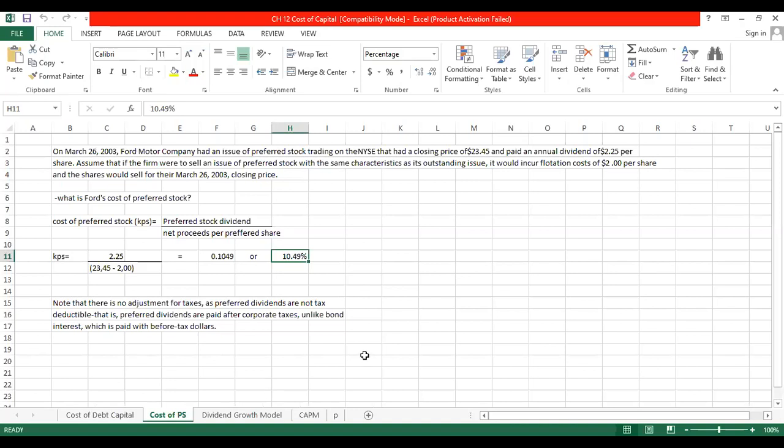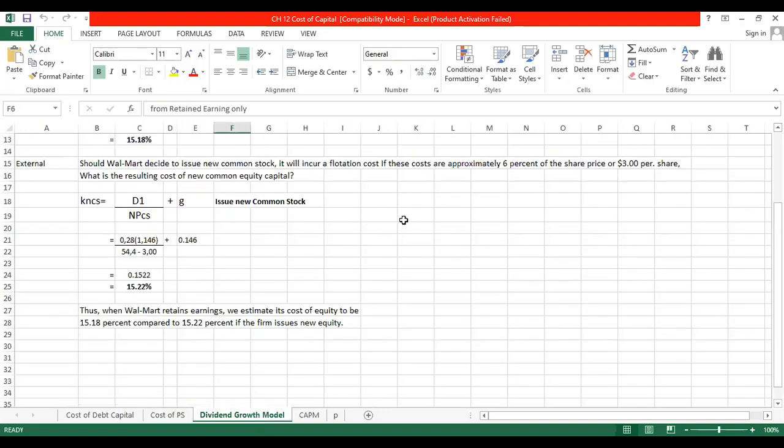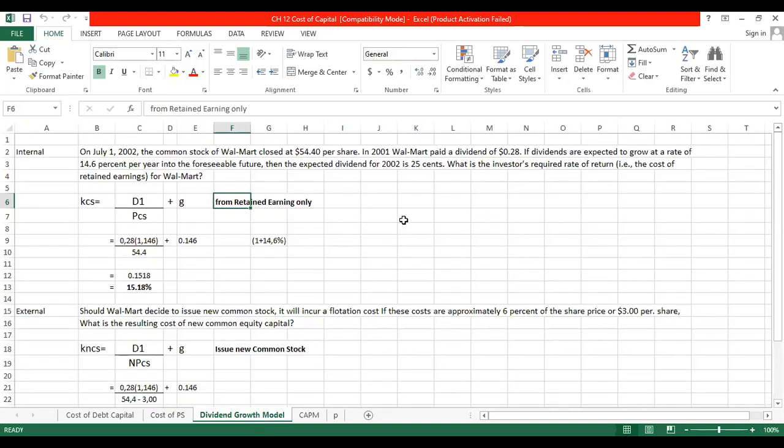Okay, and then the third one is the dividend growth model. You can just read this first, and then I'm going to explain it. This is common stock. This is the price, 54.40.